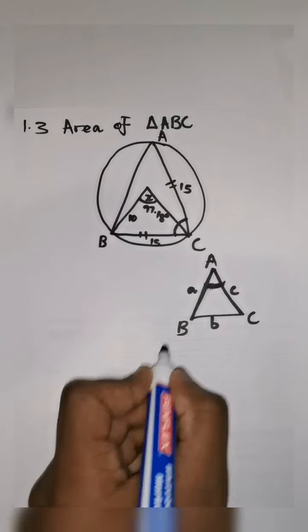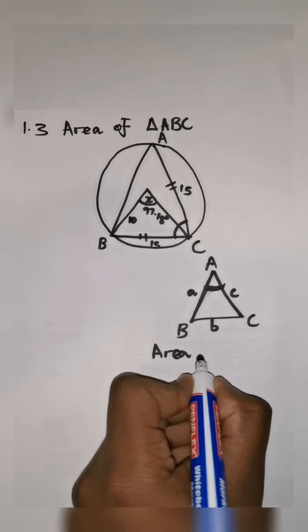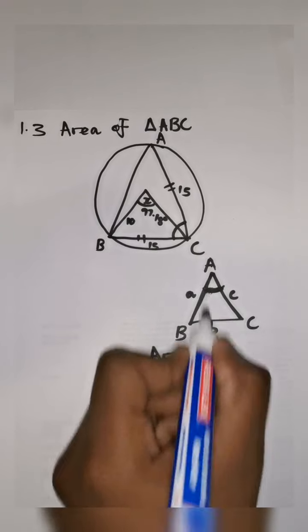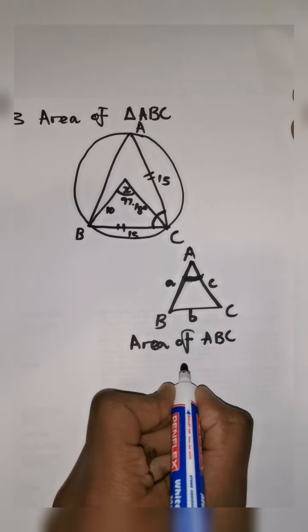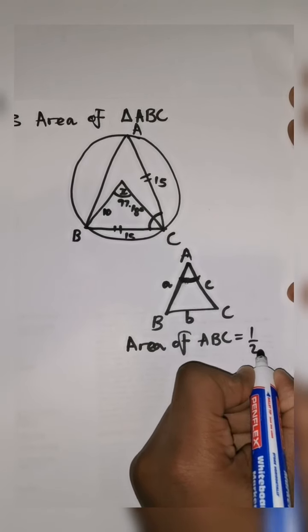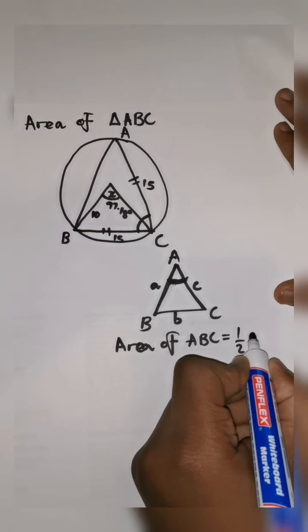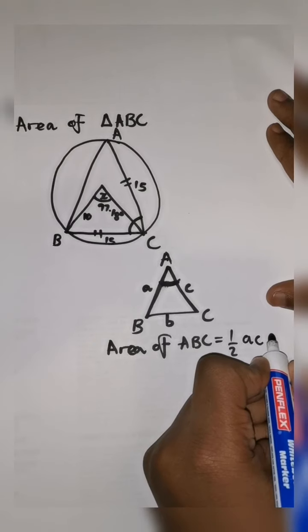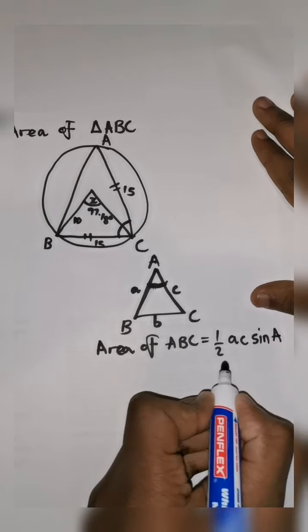So the rule goes like this: area of ABC is equal to half times a times c times sine A, right?